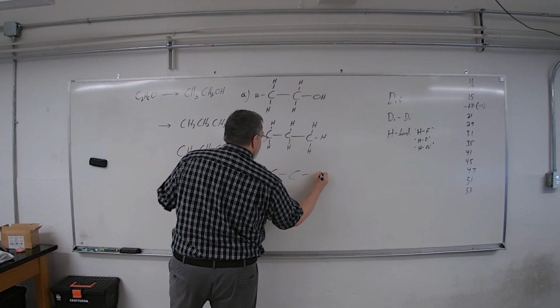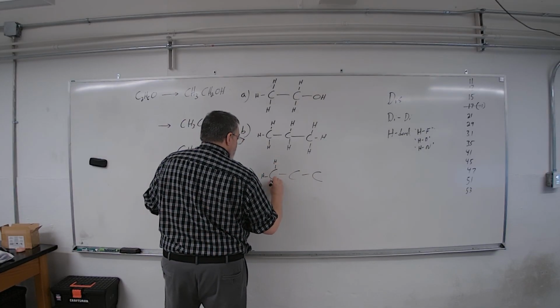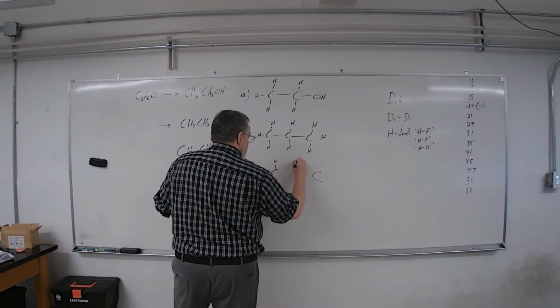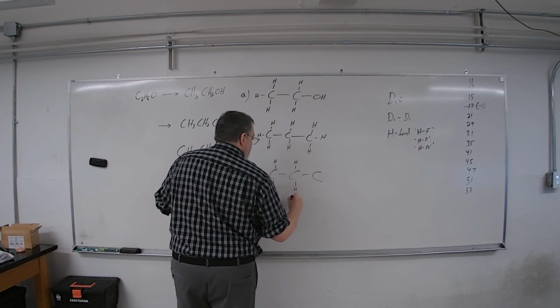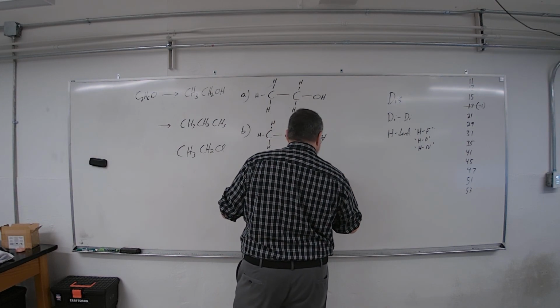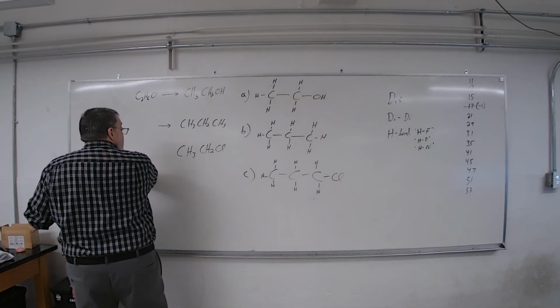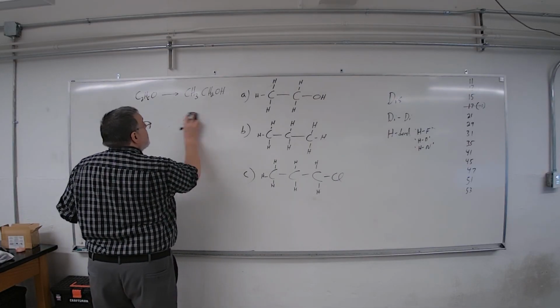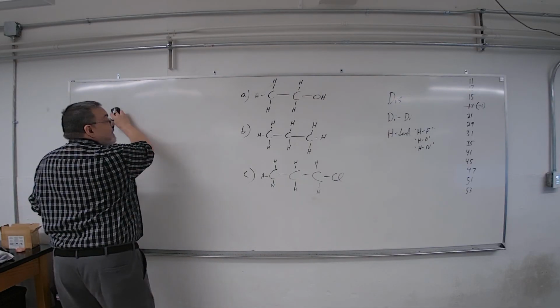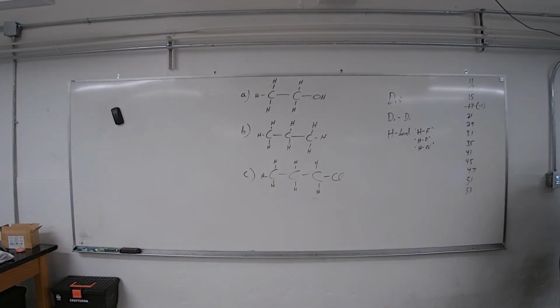This one would be, did I do this one the other day? For some reason I feel like I did, but whatever. So really comparing these, I think the question is just what IMFs are present.